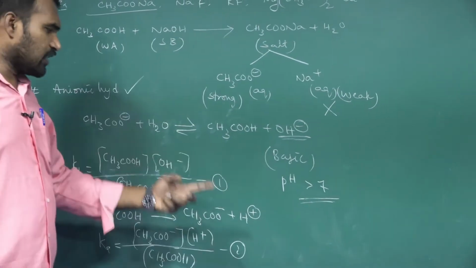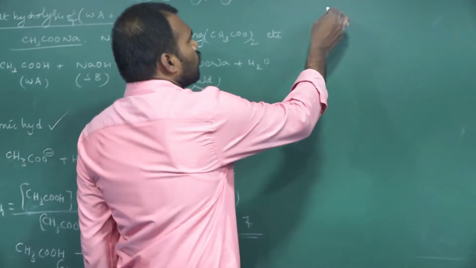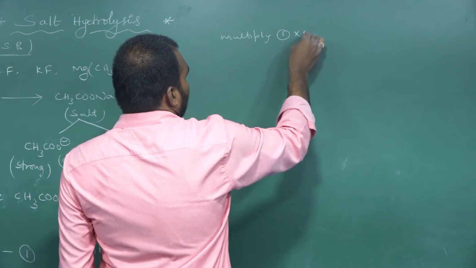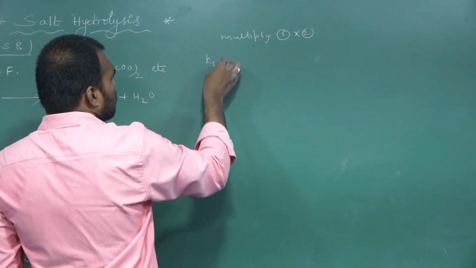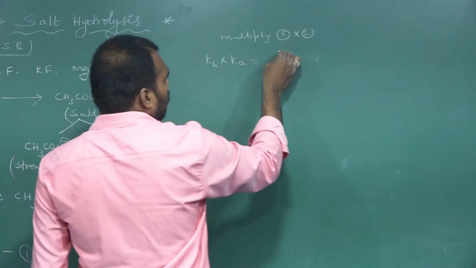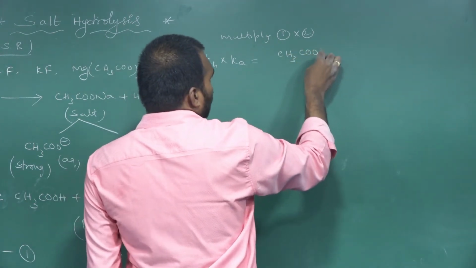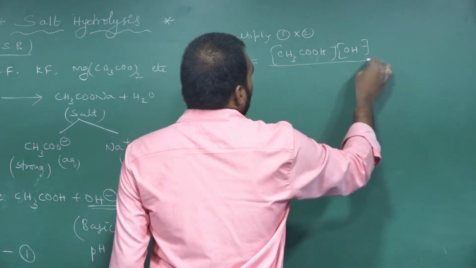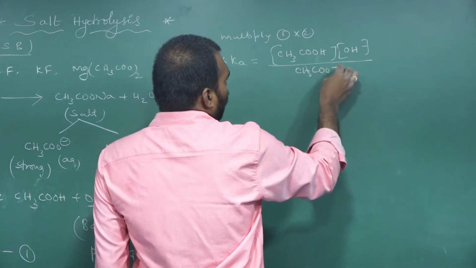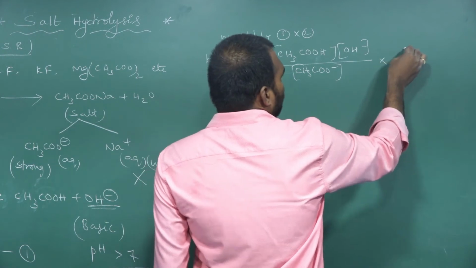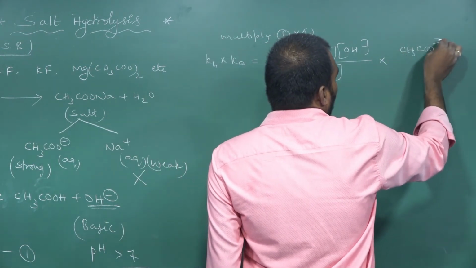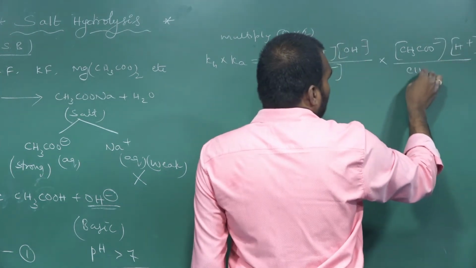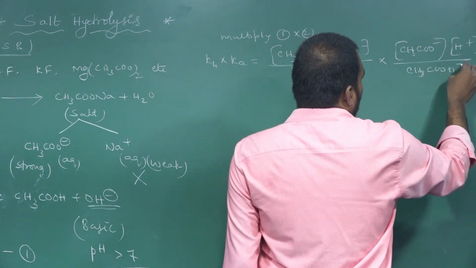Now multiply equation number 1 with equation number 2. Kh into Ka is equal to CH3COOH concentration into OH minus concentration divided by CH3COO minus concentration, into CH3COO minus concentration into H plus concentration divided by CH3COOH concentration.